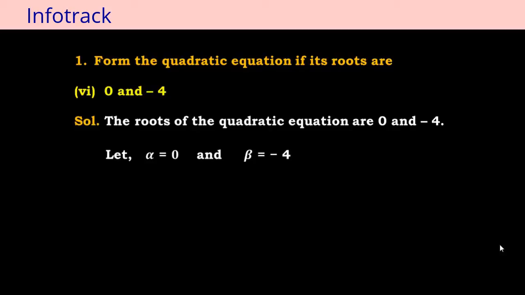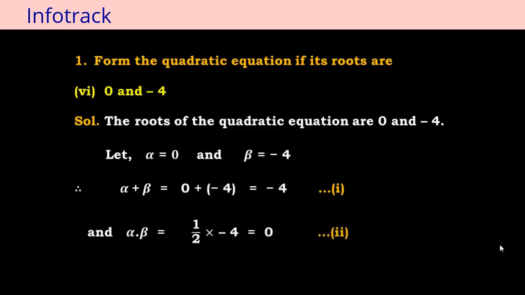So alpha plus beta is equal to 0 plus minus 4, that is equal to minus 4, equation number 1. And alpha into beta is equal to 0 into minus 4, that is equal to 0, equation number 2. Now see, we have alpha plus beta is equal to minus 4 and alpha into beta is equal to 0.